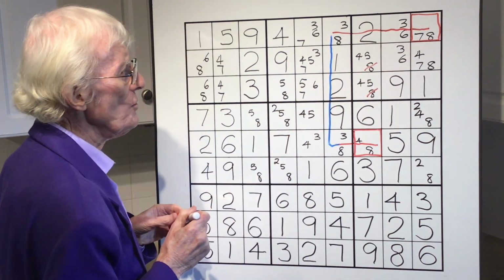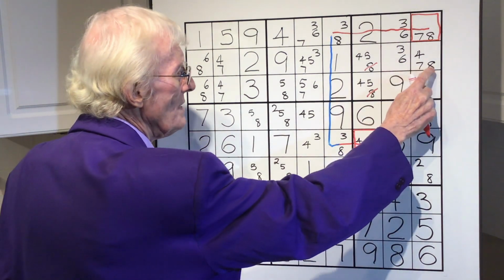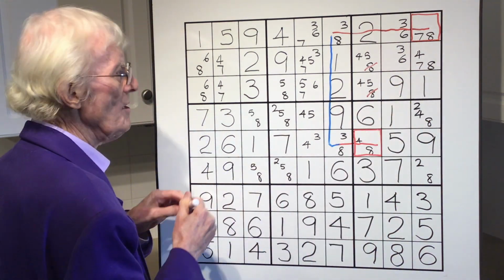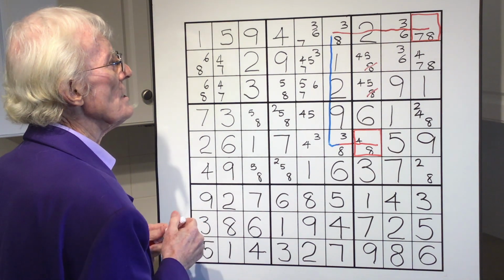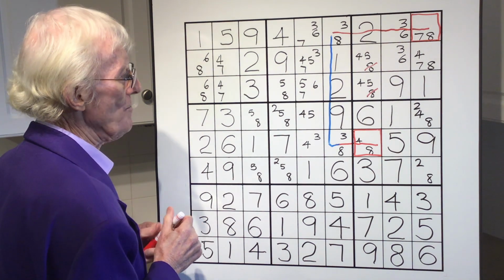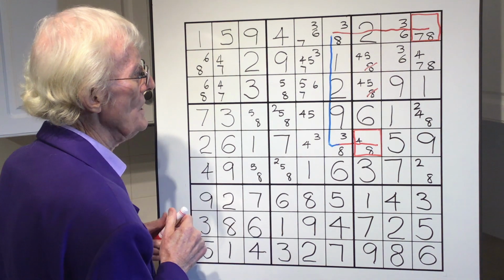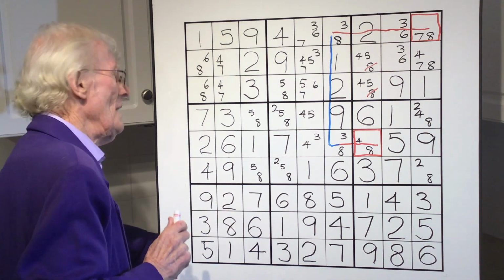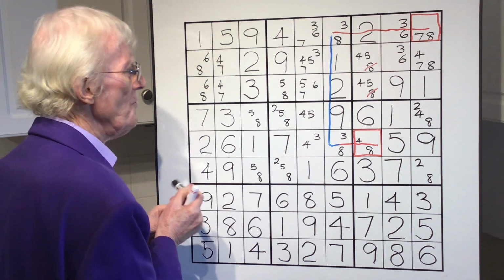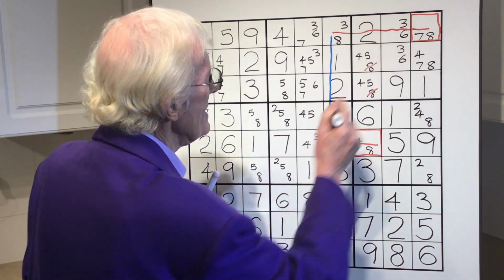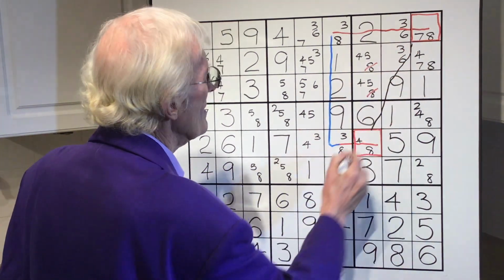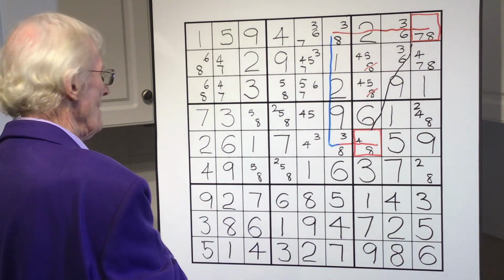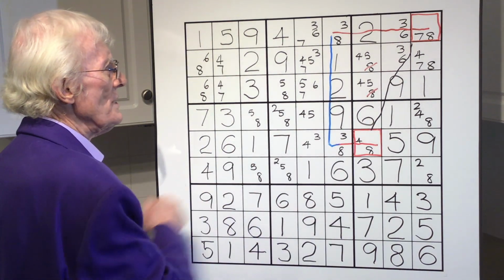So we got rid of 2 right there, but we can't get rid of that one because that can't see both ends of the chain, the X chain, or the top of the skyscraper. Just to let you know, here's the roof. I'll mark that in for you. Okay, the roof comes down to here.